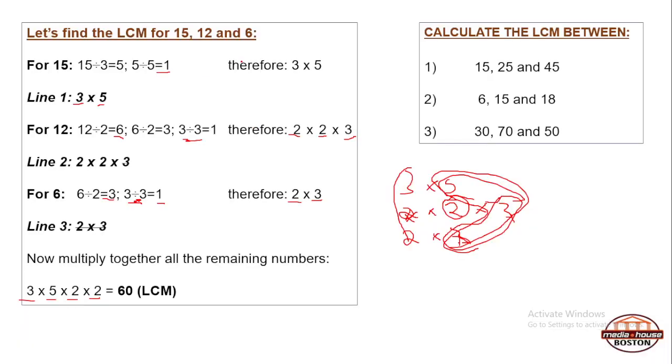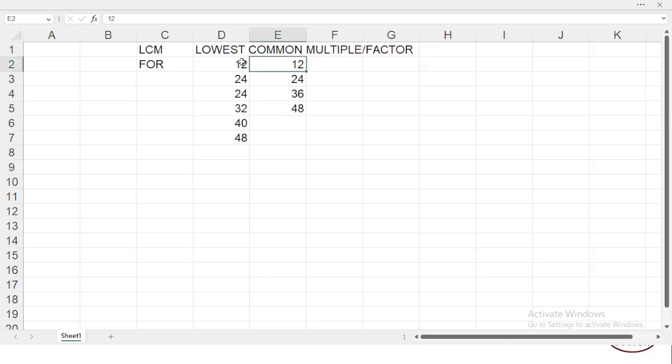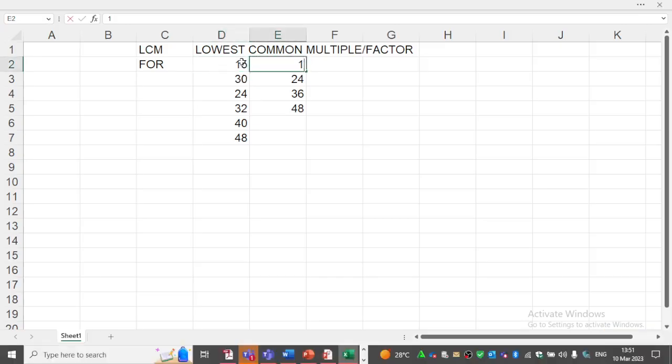So if we use this and say we've got 15, 12, and 6. So 6 plus 6 is the same as saying 6 times 2, which is for the first.